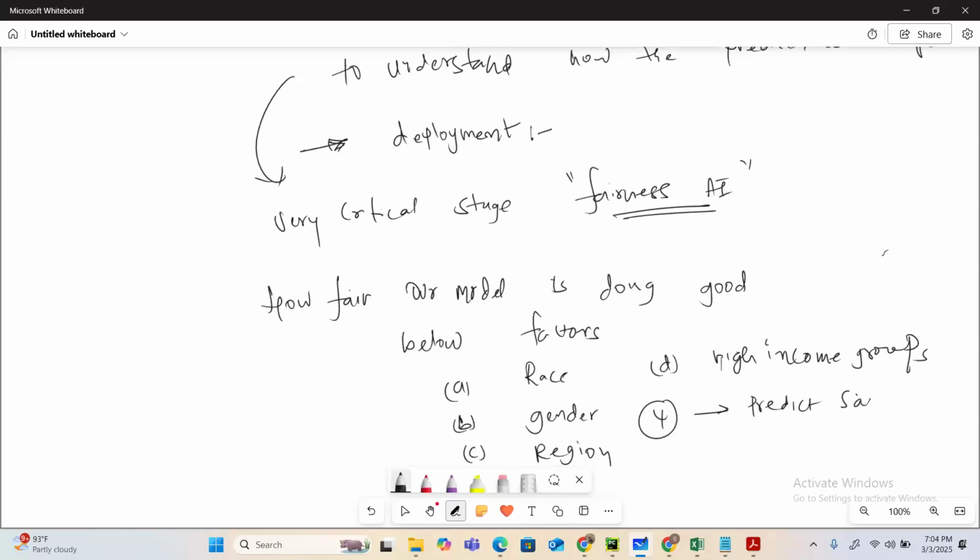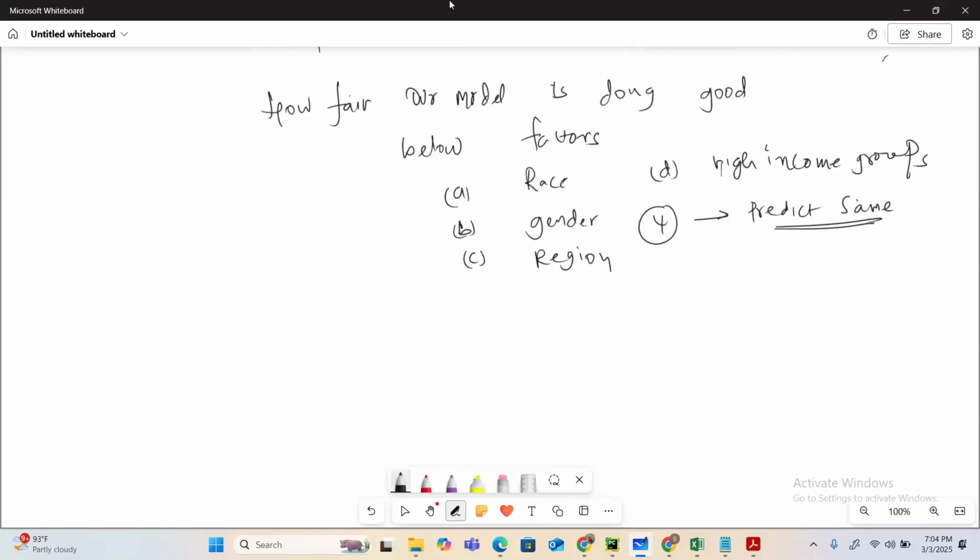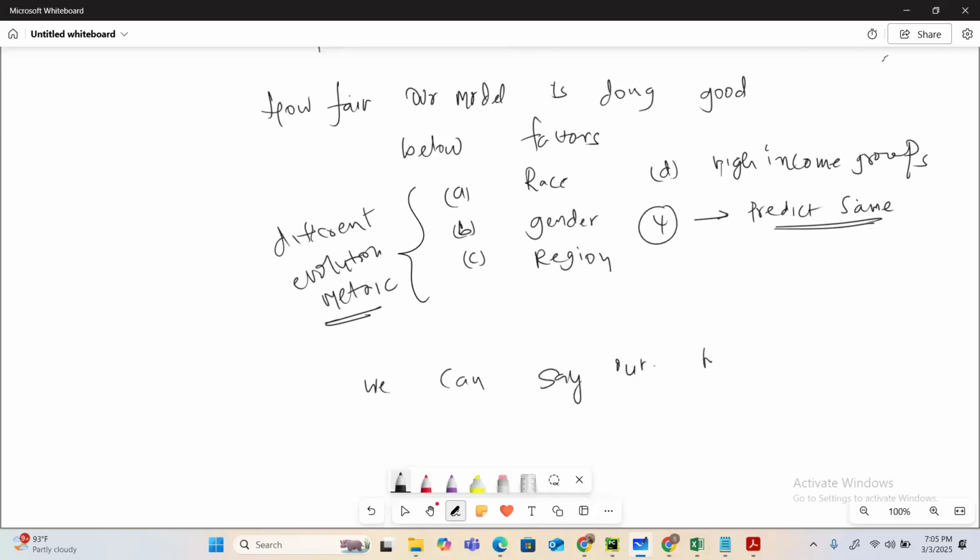Then only will you say that these have different metrics. Different evaluation metrics, not the traditional ones. Then only we can say our model is good.